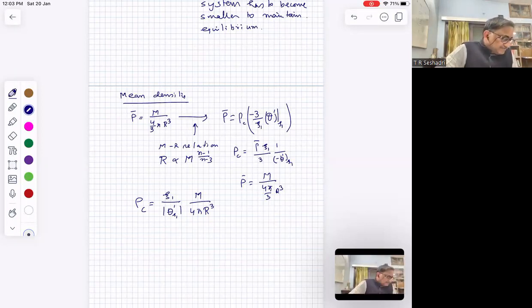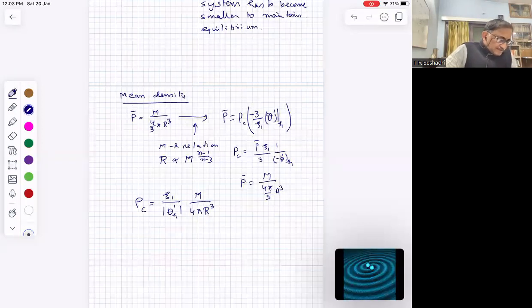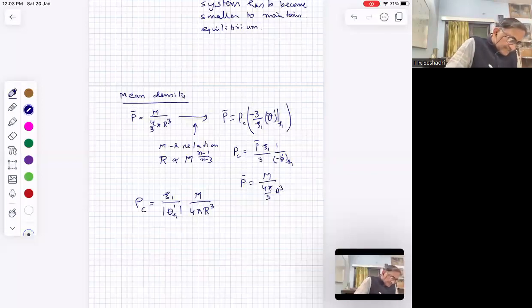Are you with me? Yeah. Okay. And once I do that, I can actually calculate the central pressure also, which is basically K rho c to the power n plus 1 by n from this one.